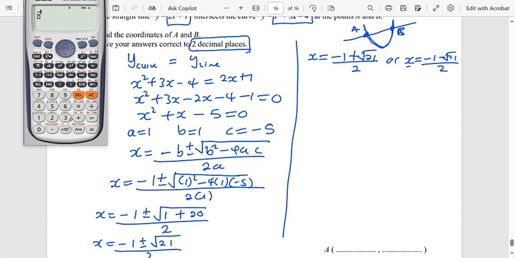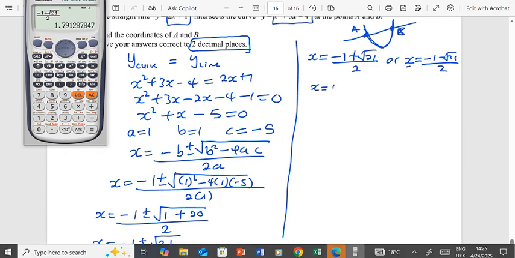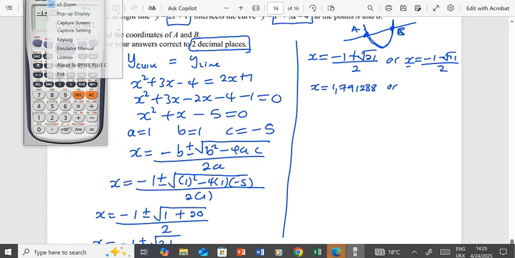So I will have minus 1 plus the square root of 21 over 2, giving me x is equal to 1.79128, being the first coordinate.